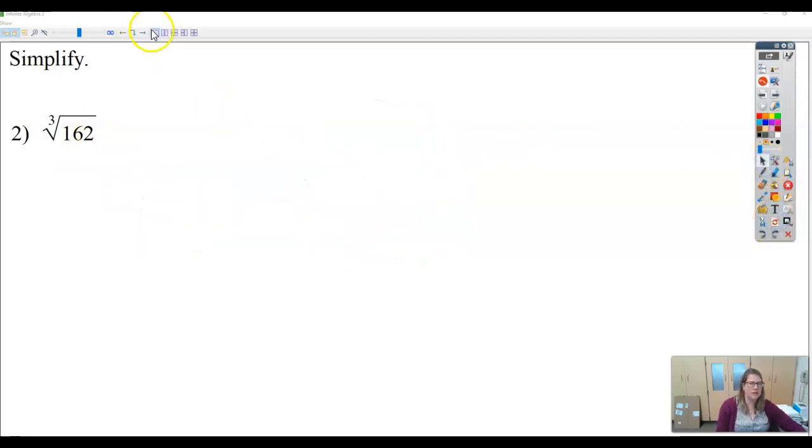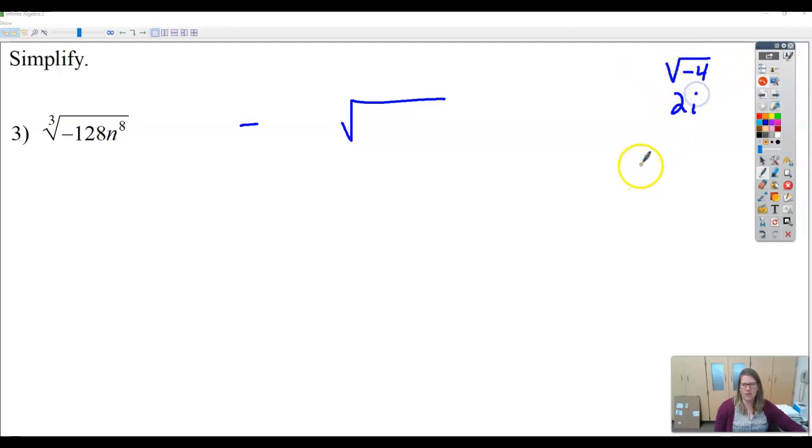All right, so now let's try one that has a couple of different things. It has a negative as well as a variable. So the negative basically just tells me that my answer is going to be negative out front. So whatever number comes out front, it's going to be negative. Under a square root, if I have a negative, like if I have the square root of negative 4, remember that's imaginary, so that would be 2i.